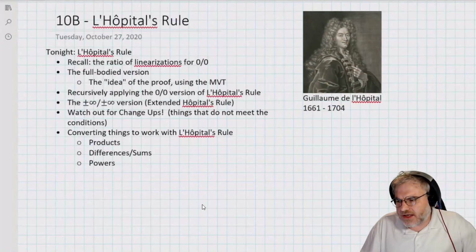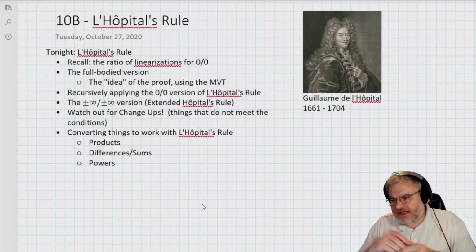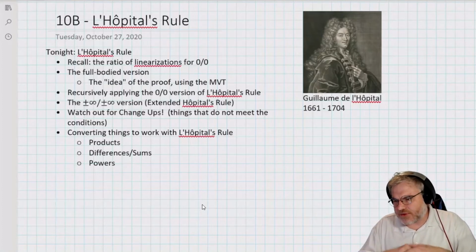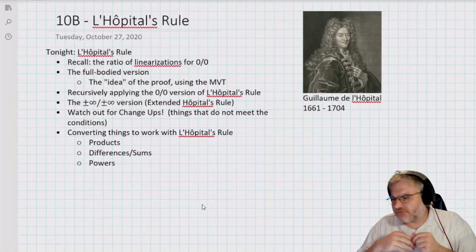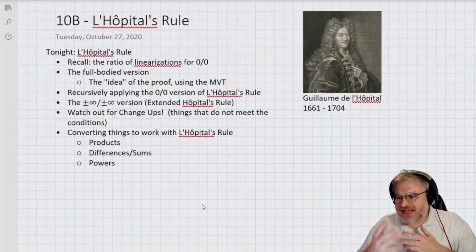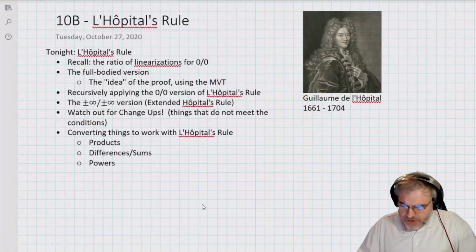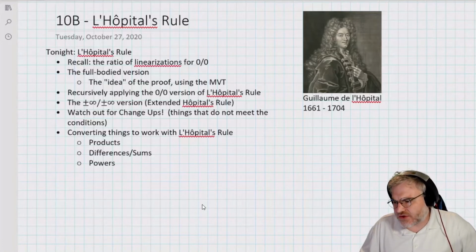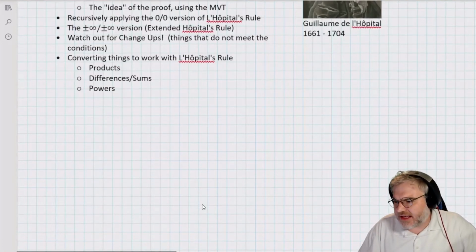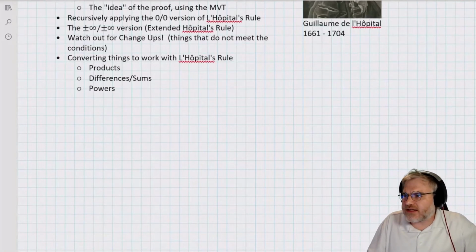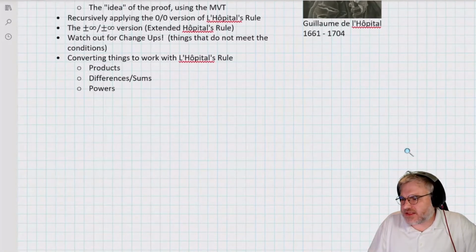So the last two lectures have been very theoretical. Now we're going to get more back into the computing of things. And I've talked about L'Hopital's rule before. So recall this kind of diet version of L'Hopital that we did when we did the linearization.